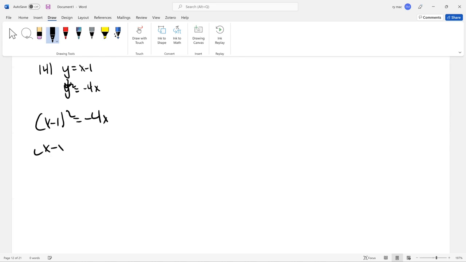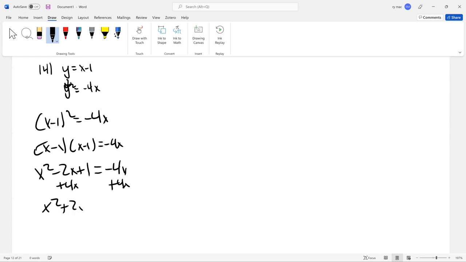I'm going to write this out so that I can double distribute. So I get that x squared minus 2x plus 1 is equal to negative 4x. So adding that 4x over, I get that x squared plus 2x plus 1 is equal to 0.